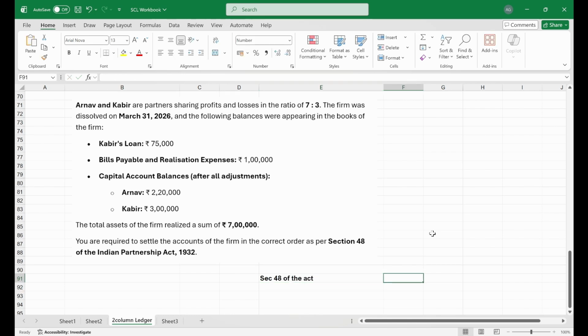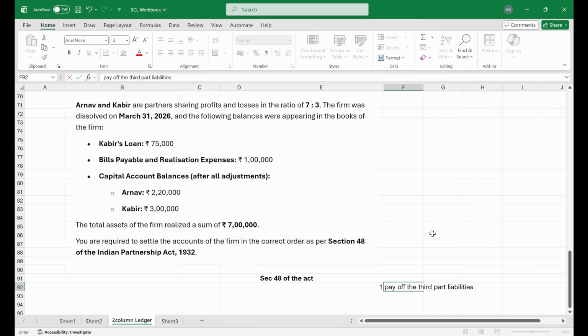Section 48 of the Act says that whenever a firm is being dissolved, this is the following order: you have to pay the liabilities and you have to distribute the realized amount. So the first order is pay off the third party liabilities.